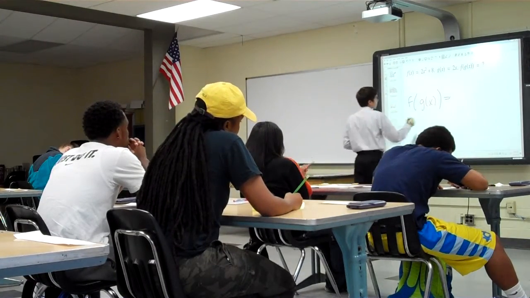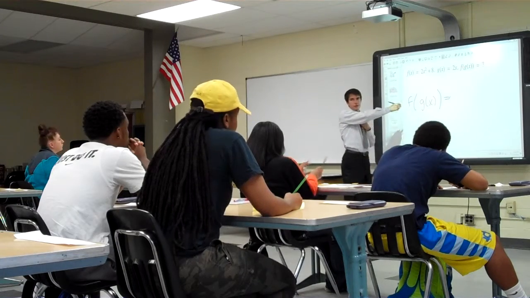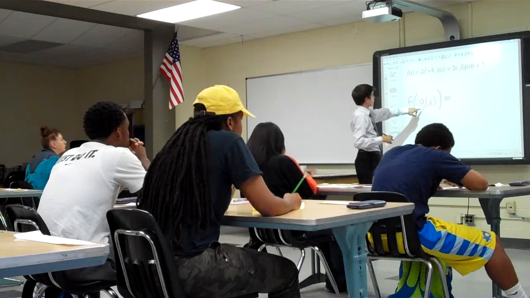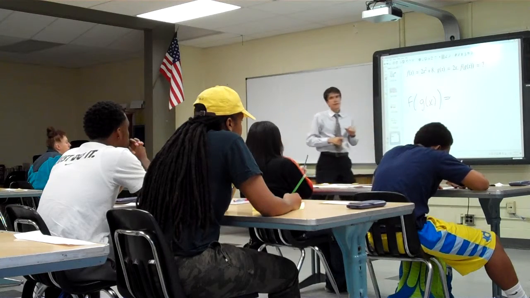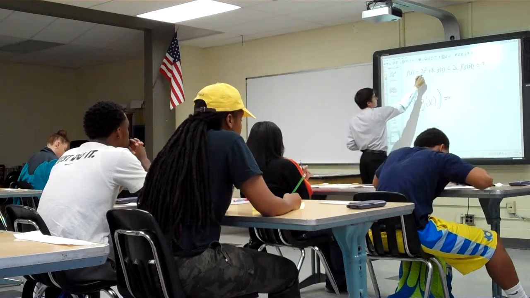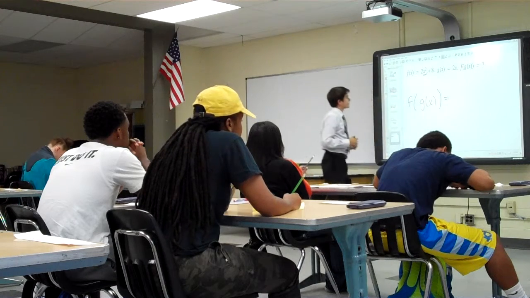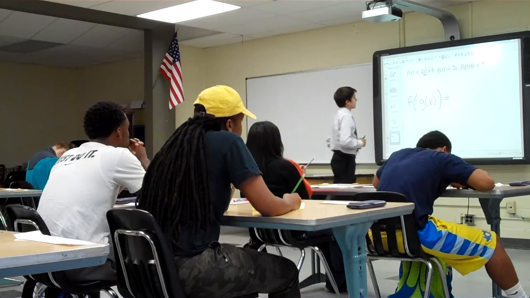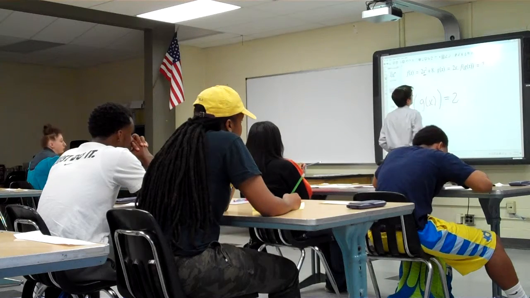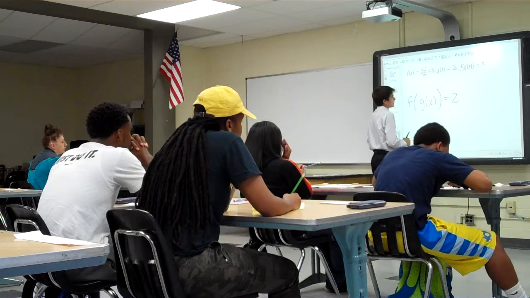It's just like a number. This time it's a function. Same exact concept. Our input is g of x, and we are substituting it into f of x. We are substituting it into f of x every time we see an x. Plug in 2x.